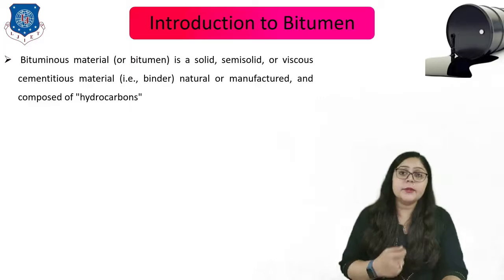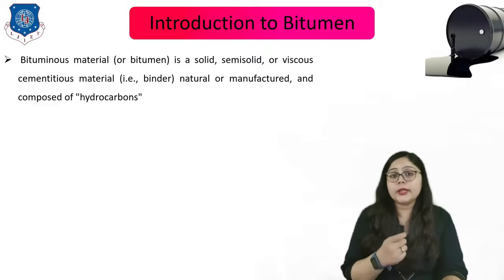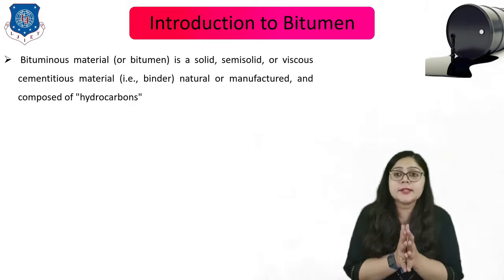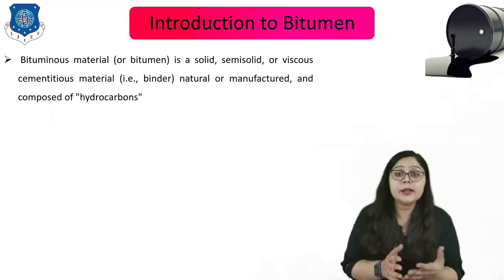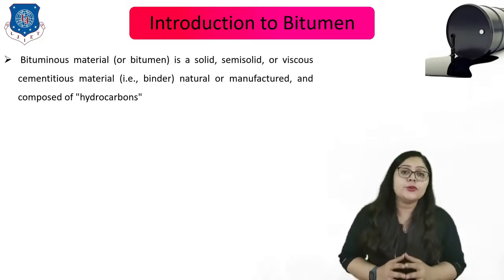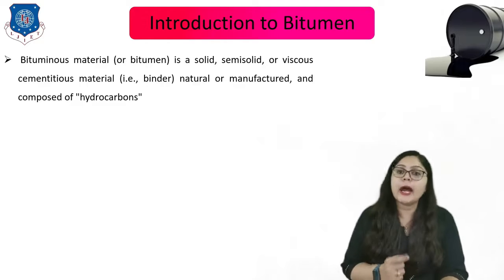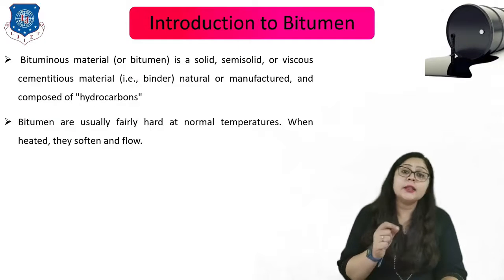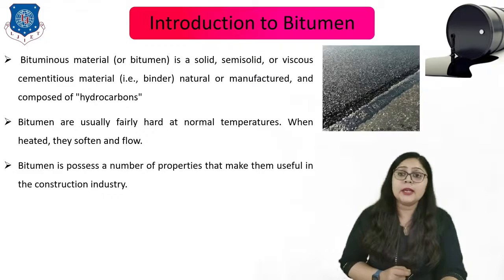Bituminous material or bitumen is a solid, semi-solid or viscous cementitious material, or we can say a binder, natural or manufactured and composed of hydrocarbons, as shown in this figure. Bitumens are usually fairly hard at normal temperature, but when heated, they soften and flow, right?